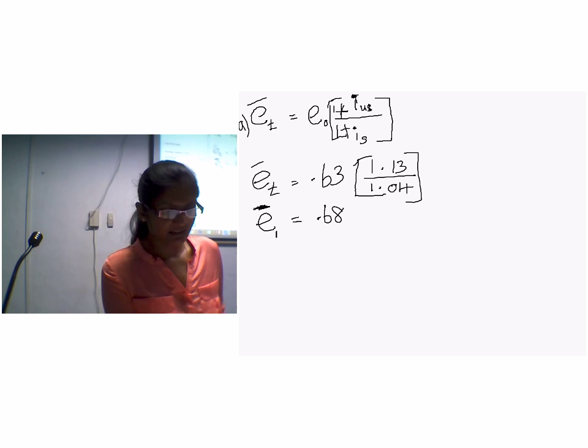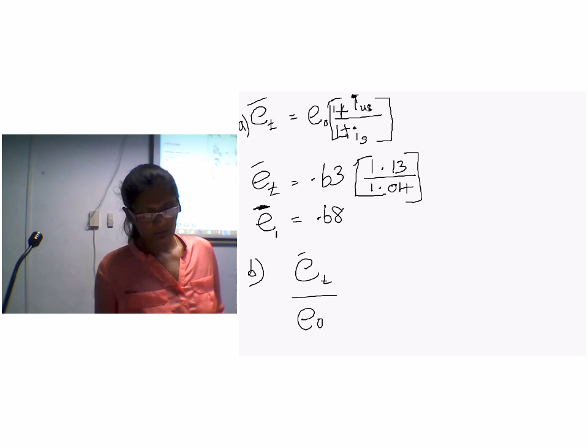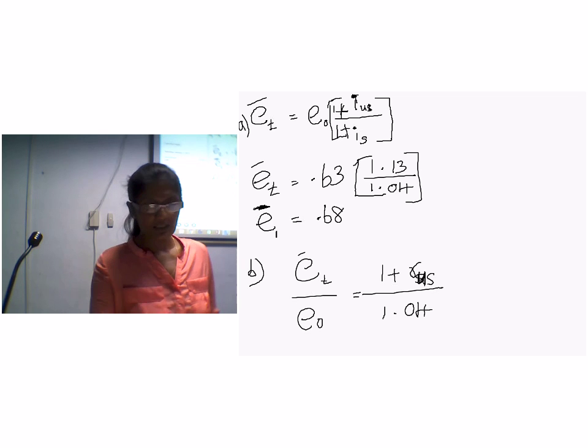This is part A. For part B, E bar T divided by E0 equals 1 plus interest rate of US divided by 1.04. There is no change in this one, right?